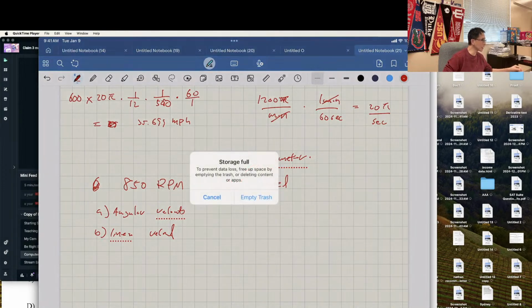Per minute, per second is not hard. You have to know it's 1 revolution for 2 pi. That's it. Sorry, 1 revolution per 2 pi, and the other one is 1 revolution per 2 pi r.